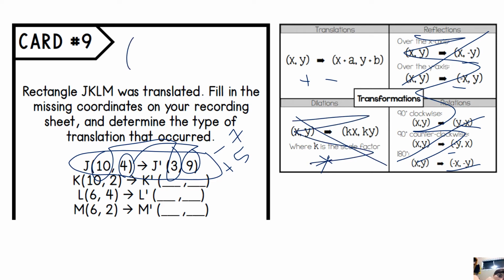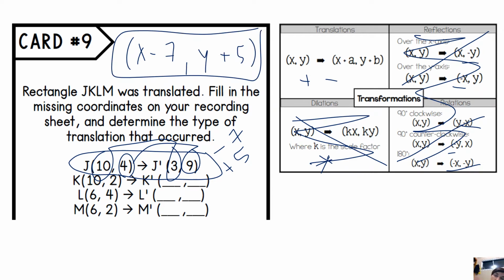So the rule would be x minus 7, y plus 5. But they did not ask about the rule, did they? No, they asked us to fill in the missing coordinates. So I'm going to go here. We've got 10 minus 7, 3. 2 plus 5, 7.